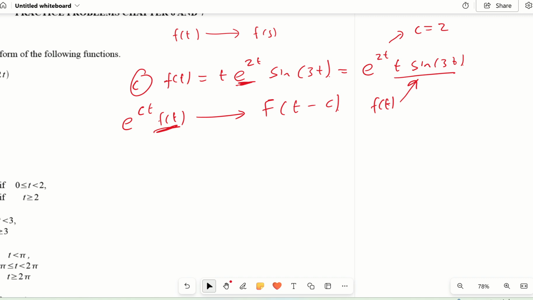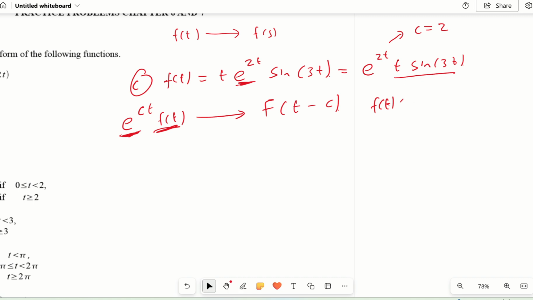It's going to be a f of t, but our c is 2, remember. So as you can see, in our final product, you don't have this thing. We don't have e to the ct. We only have F of s minus c. But then our e is only guiding us in terms of our c, because our c is 2.